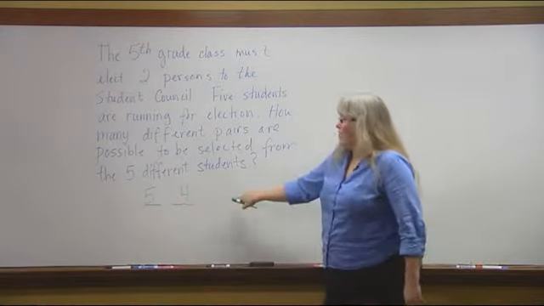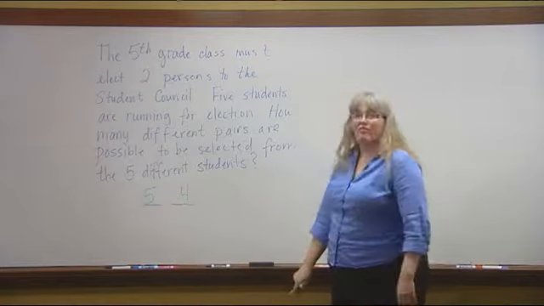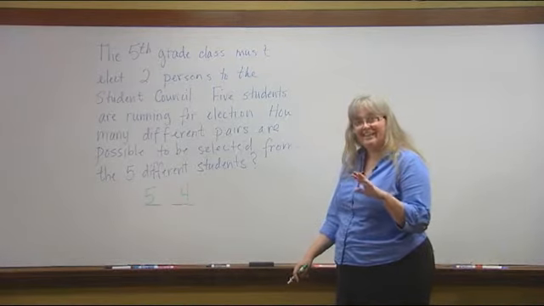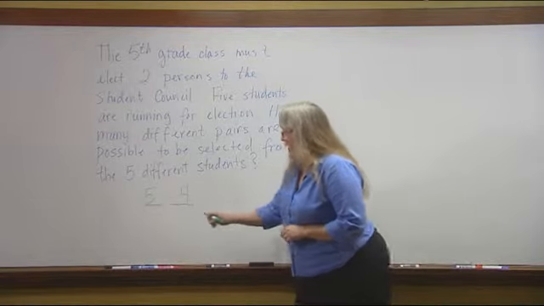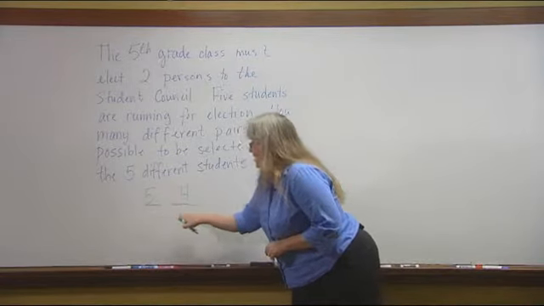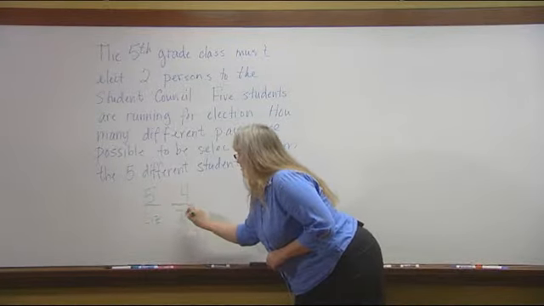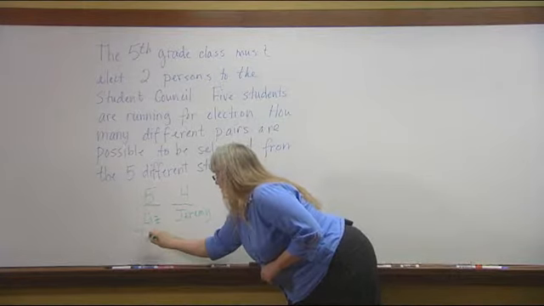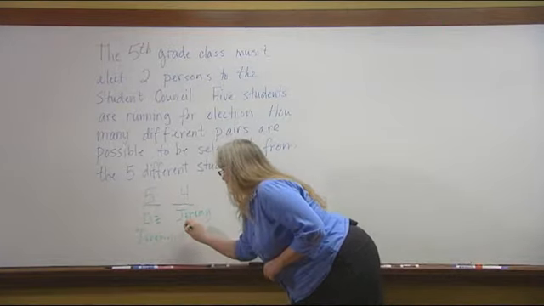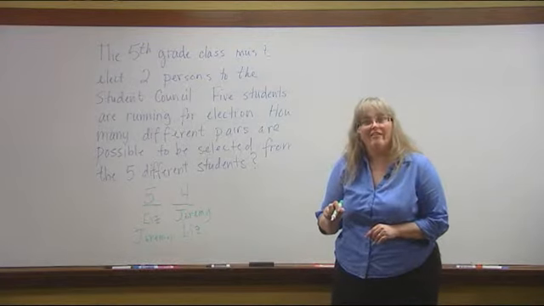Now, we might want to say, all right, so now there are 20 possible pairs. But here's where it gets a little bit tricky. If we have Liz and Jeremy here, or Jeremy and Liz like this, that's really the same pair.